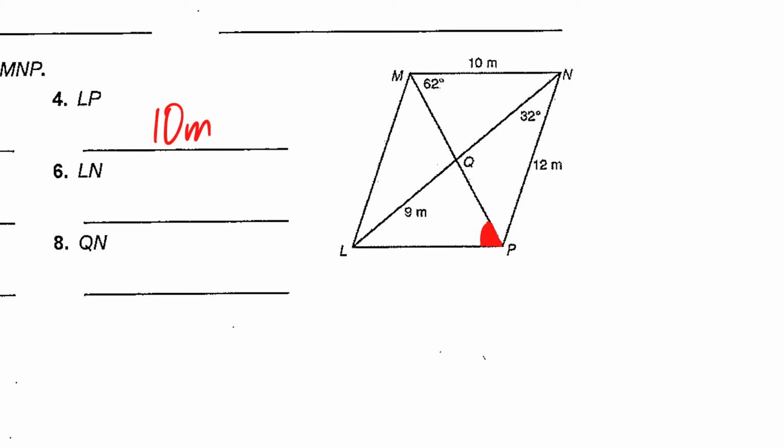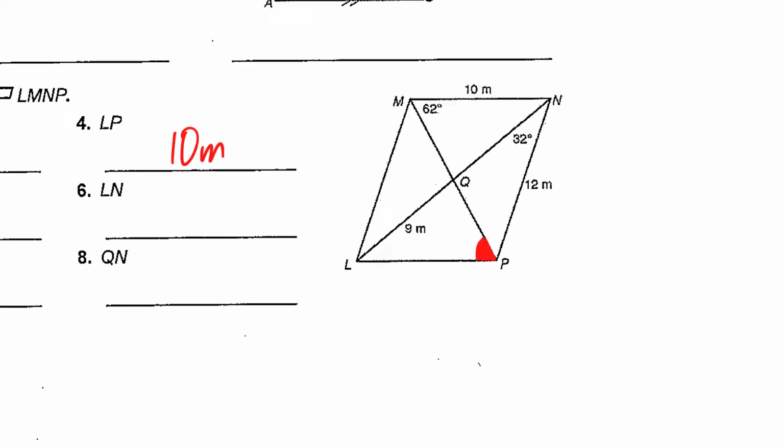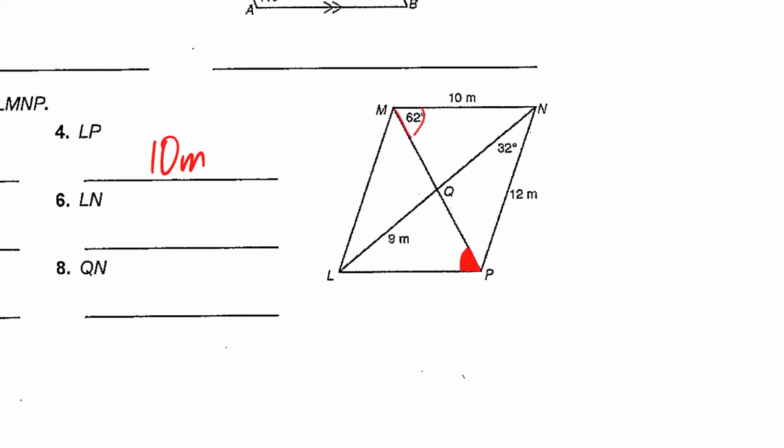Now, we're not going to find the measurement of that based off of any of these four properties. It's off of something else that we know. It's going to be equal to this one. How do I know these two angles are equal to each other? Good. Alternate interior angles, and this is a parallelogram, so those lines are parallel. So that angle LPM is just going to be 62 degrees.